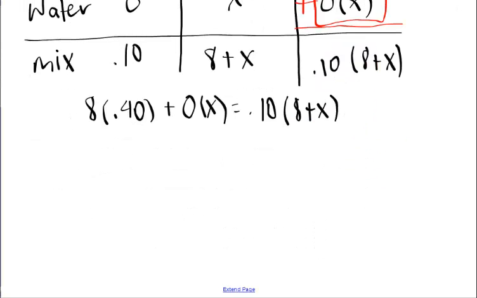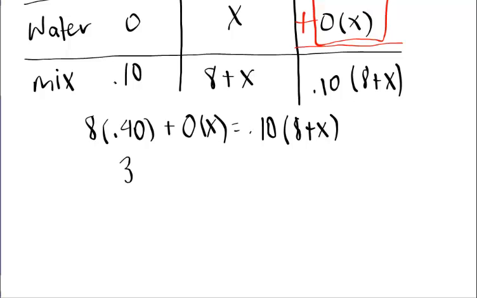Again, just like with the previous problem, you might have some decimals running around here, but that's okay because we know how to do the algebra. And so this is how we're going to get started.